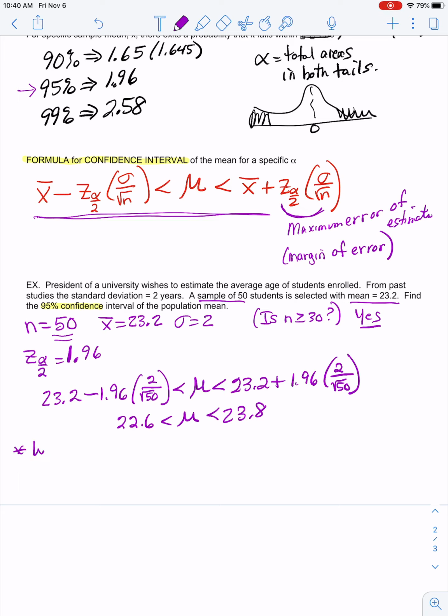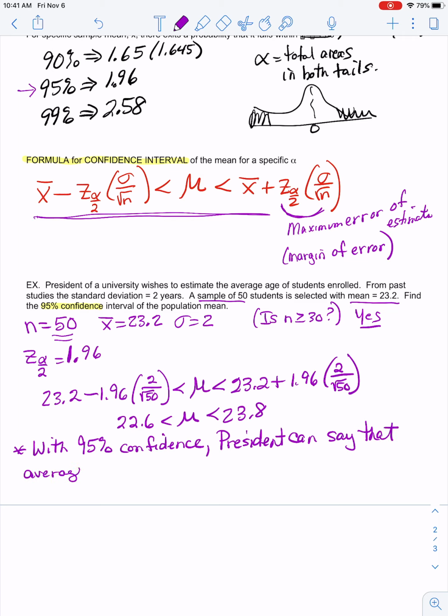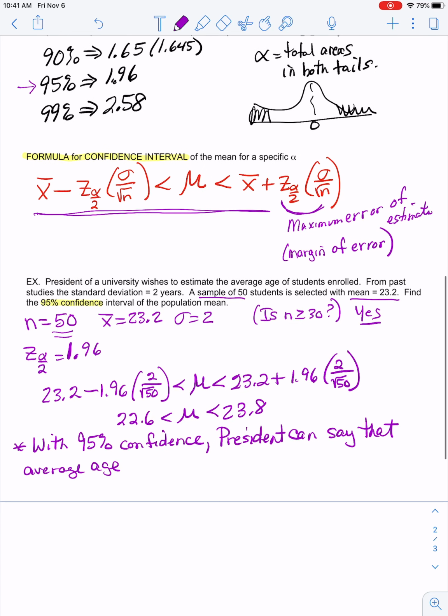Well, it means with 95% confidence, the president of this university can say that the average age of his students is between 22.6 years and 23.8 years. I'm just trying to write this so you can have it if you want to read it again.